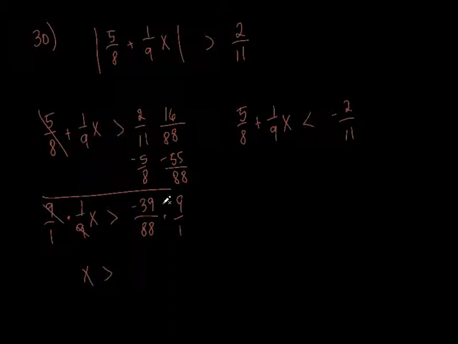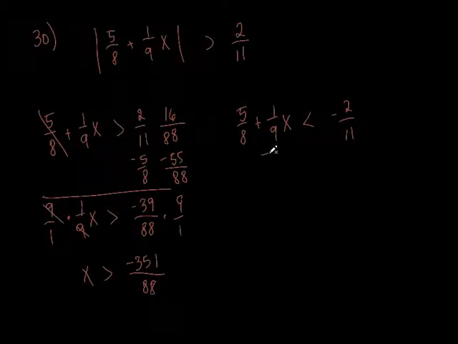Who's got a calculator? What's 39 times 9? 351. Is that the answer? Oh, yeah, it does come out to that. Okay, good. Sometimes when they're ugly, you always second guess yourself, don't you? But this comes out ugly, and it's correct. All right, so it's negative 351 over 88. All right, good. So that's part of it.